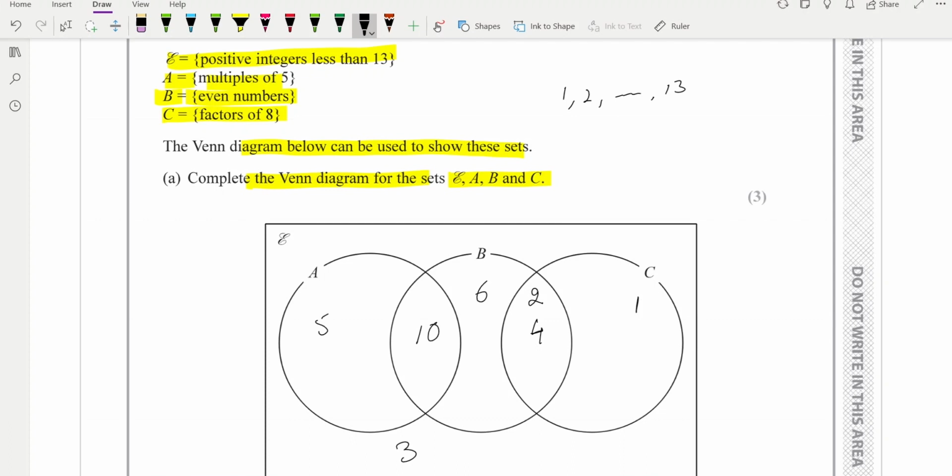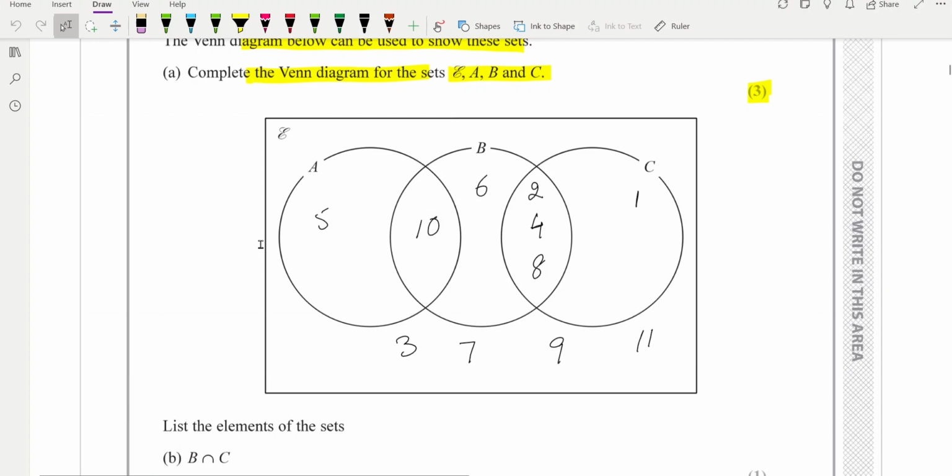And 7 comes outside because it's not in A, B, C. And 8 is not a multiple of 5, is an even number and a factor of 8, so we will write it in the common place between B and C. Then 9 is outside because it's not in A, B, C. 10 I have already written, and 11 will also be outside. So this is our complete Venn diagram, which will be our 3 mark question.